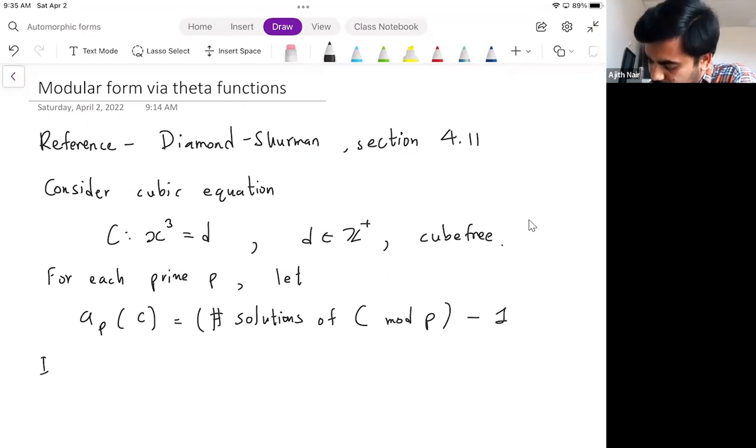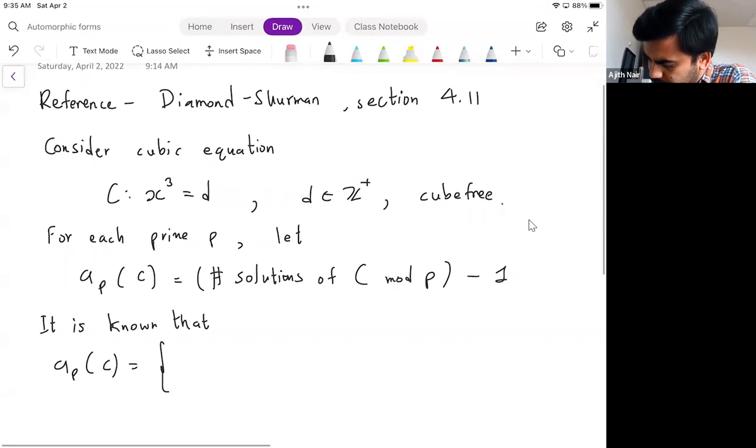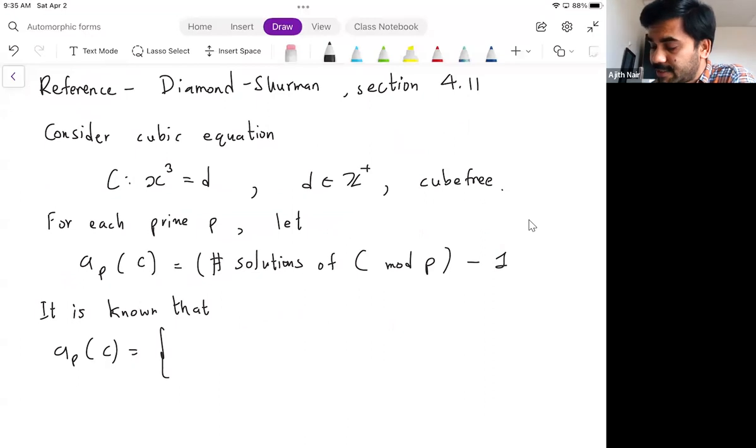Now it is known that this a_p has a very explicit formula. Just as in the quadratic case, we can find out what the solutions of x squared equals d are modulo p.